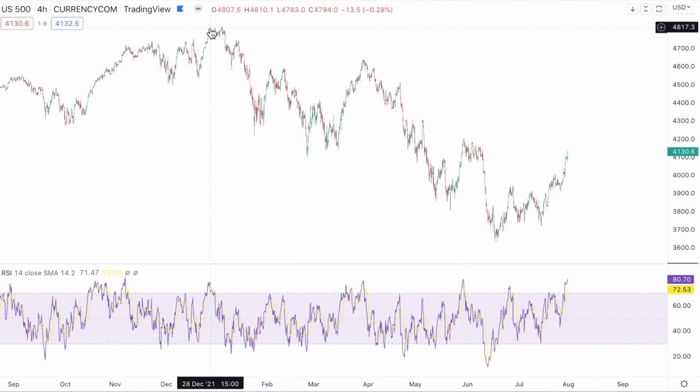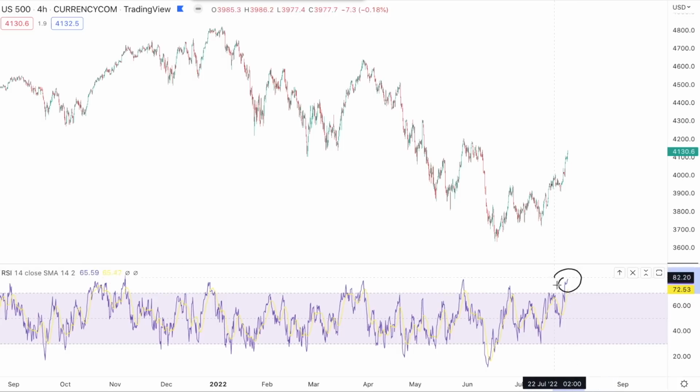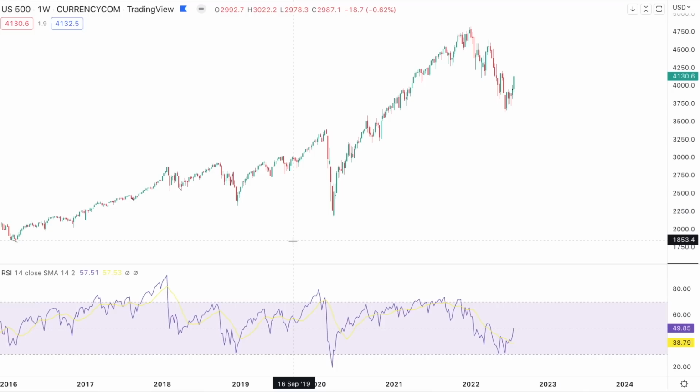So, if you're concerned about being trapped by this rally, don't buy when the S&P is overbought, right? I think you can reposition if the S&P 500 gives you an opportunity back to key levels of support.